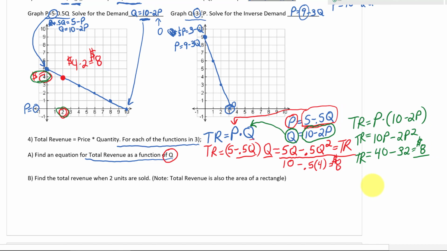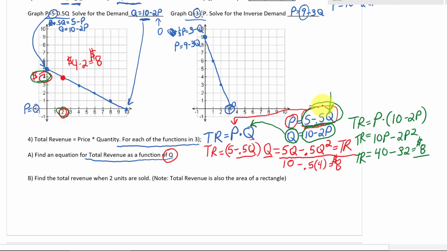We can do this for the scenario on the right too. We know now that if we want an equation that gives us total revenue as a function of Q, we want to plug in this right-hand side that has the Q in it into the total revenue function.